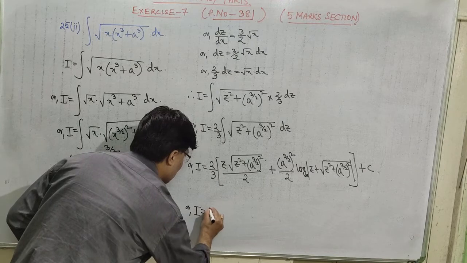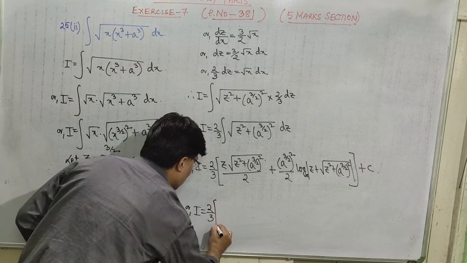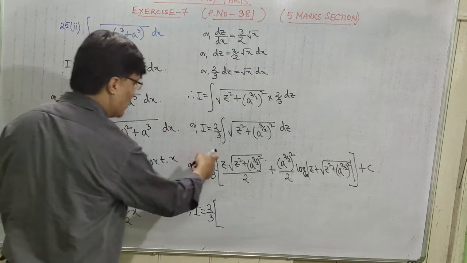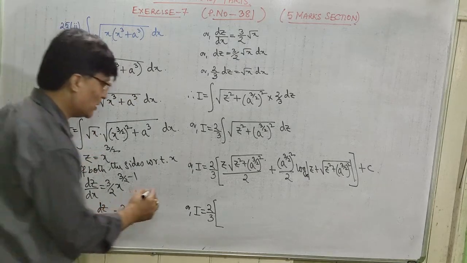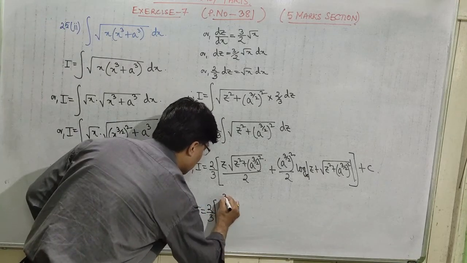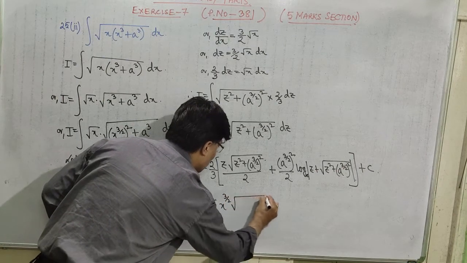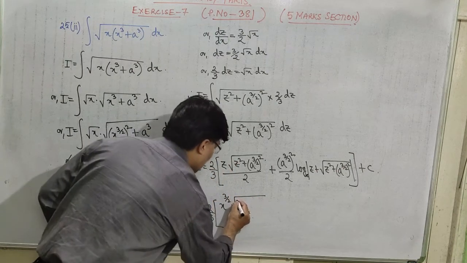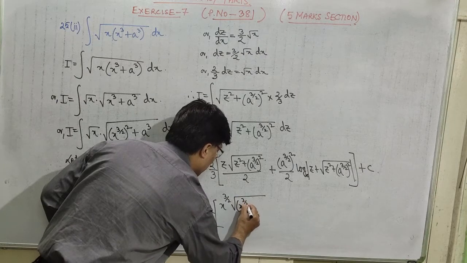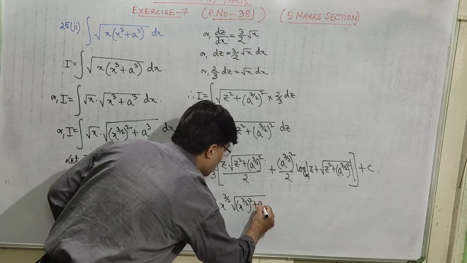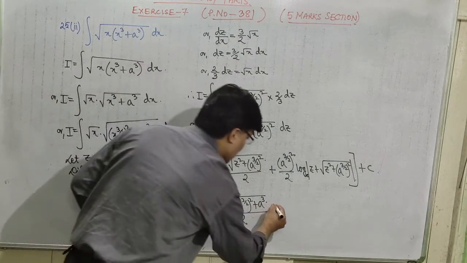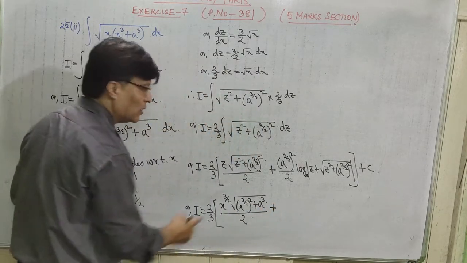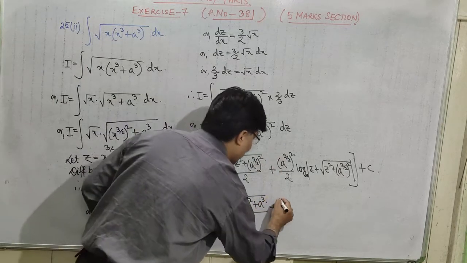Okay. So let us simplify it further now. Or I is equal to, this is your 2 by 3 within third bracket. What is z here? Actually, what is z? Z is x to the power 3 by 2. Let us write here x to the power 3 by 2. Then within square root, what is z square? It is x to the power 3 by 2 whole square plus this is your a cube, whole divided by 2 plus what is a to the power 3 by 2 whole square?